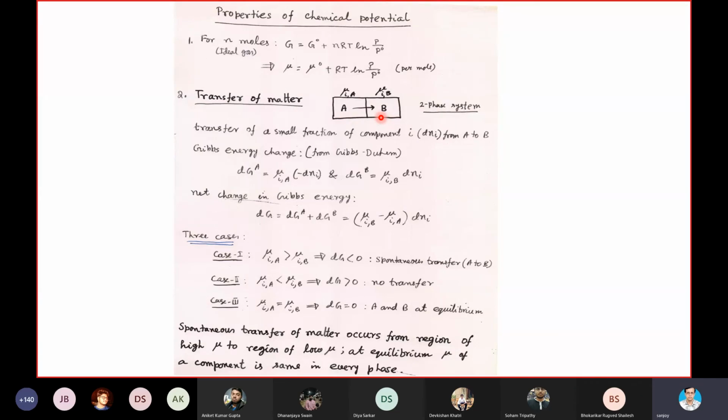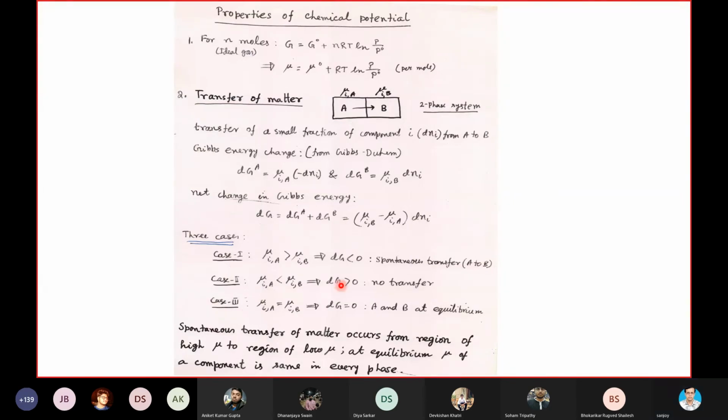You should see the transfer of matter. And at equilibrium, the chemical potential of the component should be the same in all the phases. So then you will not see any further transfer of matter. Therefore, transfer of matter always happens from the high chemical potential to the low chemical potential side.